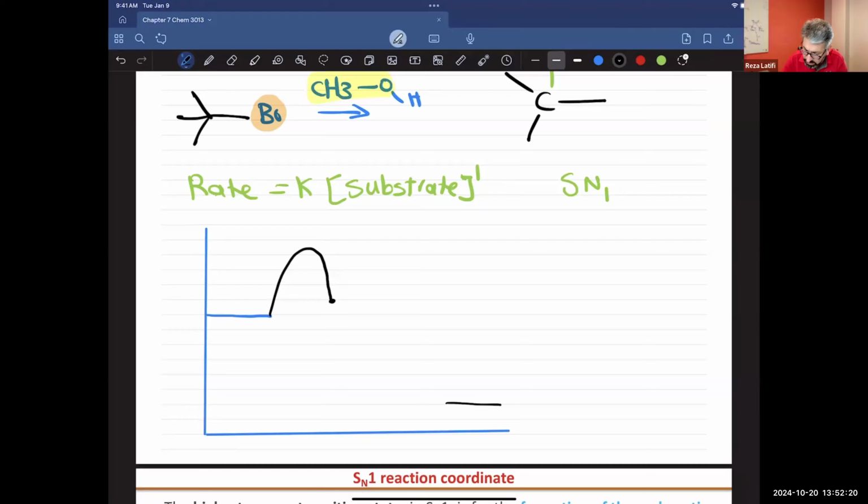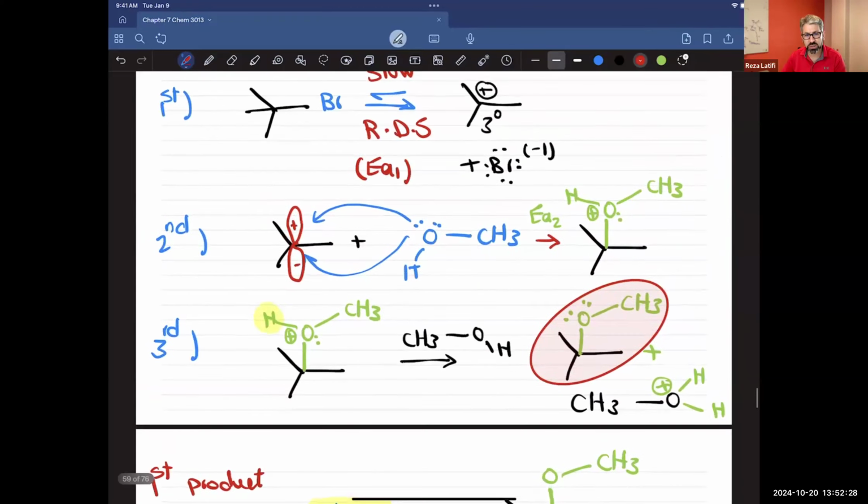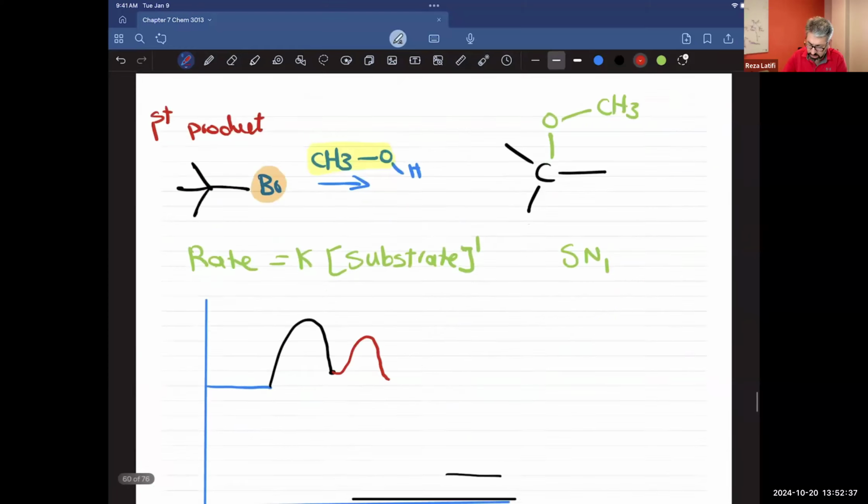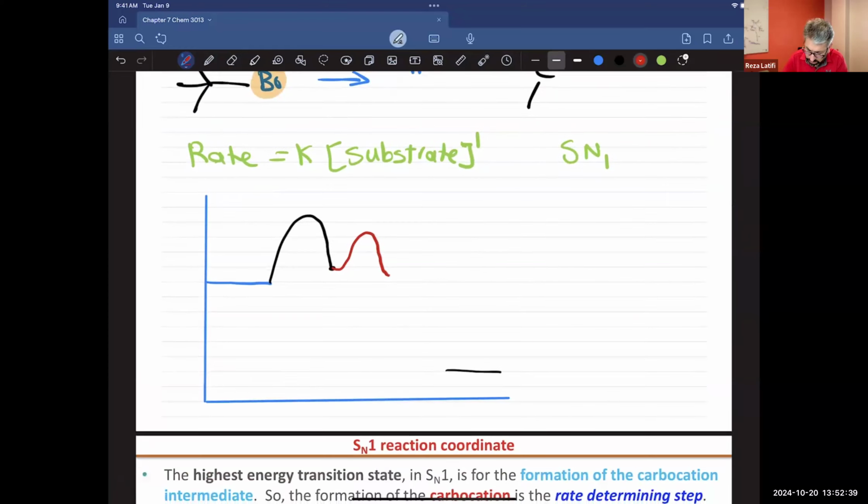Then that intermediate went through a small barrier and got us something else. So this was the first intermediate, and that's the second intermediate, and then the product. So here I have the first intermediate, and here I got the second intermediate, and now I go through a small barrier and get the product.